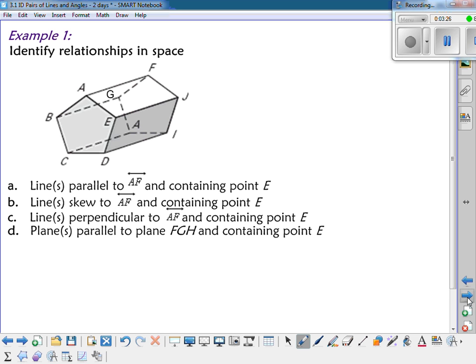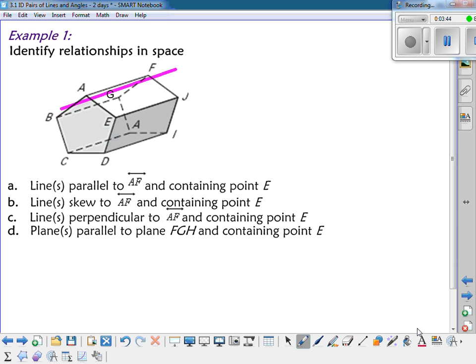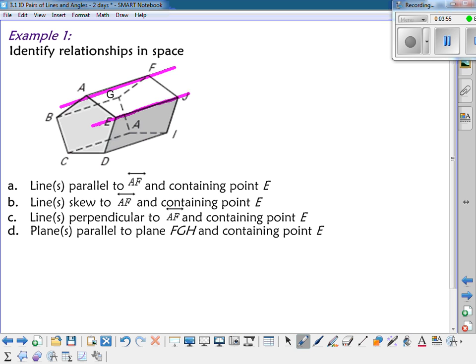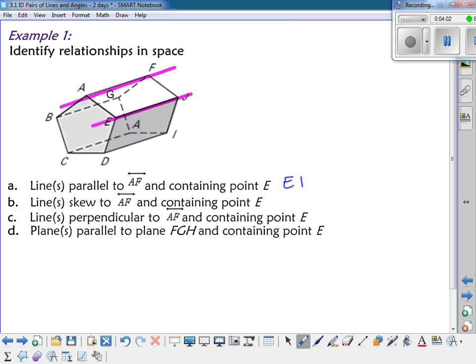And so A tells us to find a line or lines that are parallel to AF and contain point E. So if I highlight AF here, I want a line that is parallel to that and goes through point E. And so I can see that that would be this line here. So line EJ would be parallel to AF containing point E.